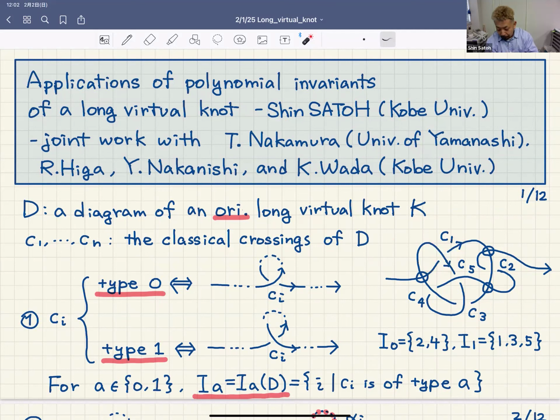So the type of C1 is 1. By checking the types of all the crossings, we see that the crossings of type 0 are C2 and C4, and the crossings of type 1 are C1, C3, and C5, like this.